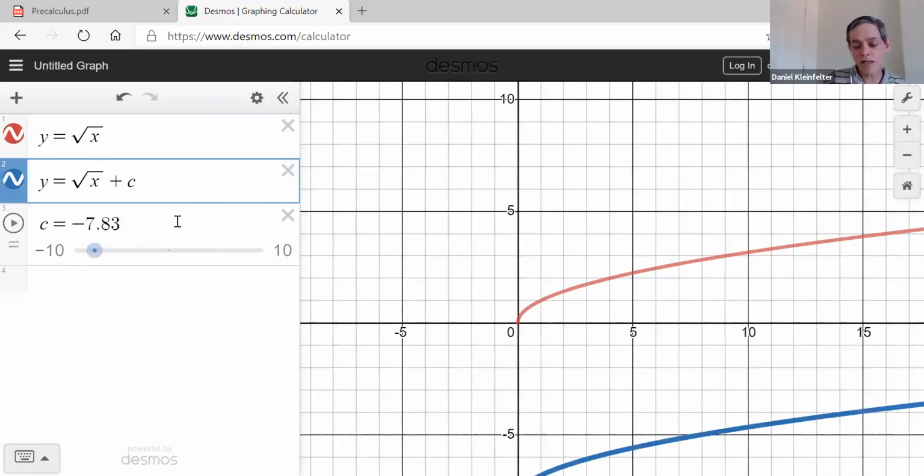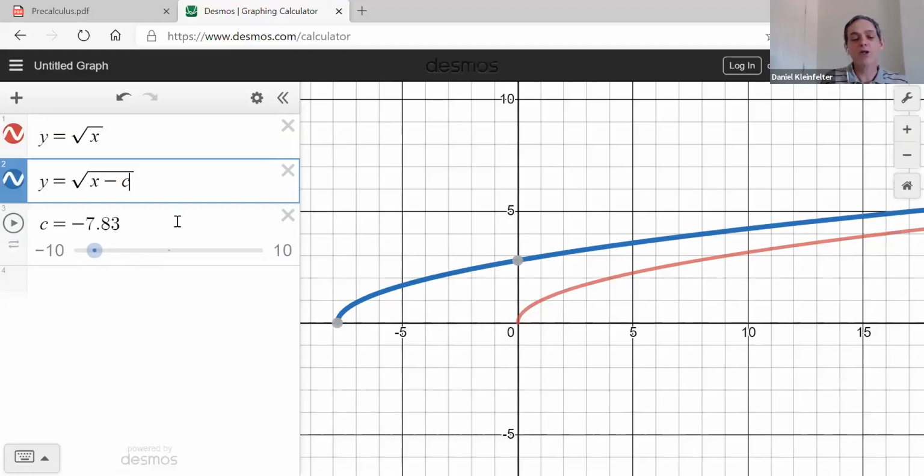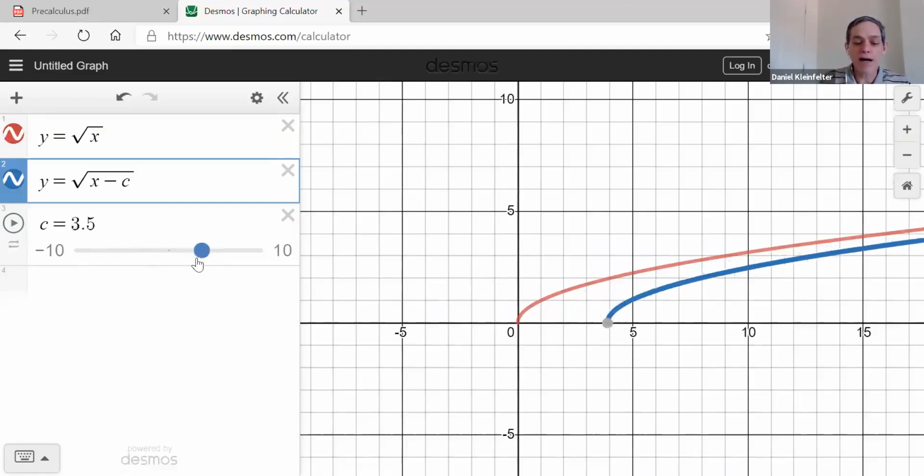So for a horizontal translation, instead of the adjustment being in the Y direction, it's in the X direction. So we're adjusting our X values. So here we'll have X minus C. Our original function here is in red, our adjusted one is in blue.